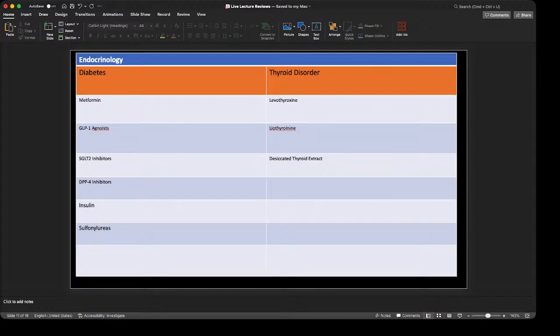Then the diabetes drugs: metformin, GLP-1 agonists, SGLT2 inhibitors, DPP4 inhibitors, insulin, sulfonylureas. Know these mechanisms and some side effects on each of these.